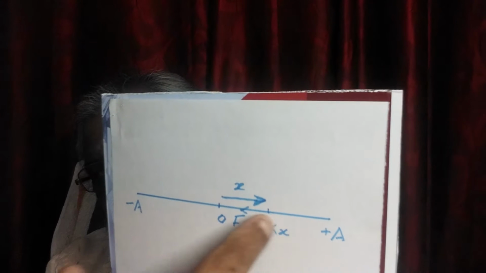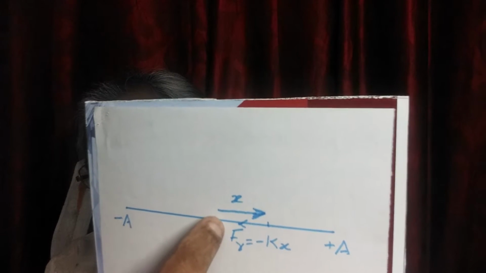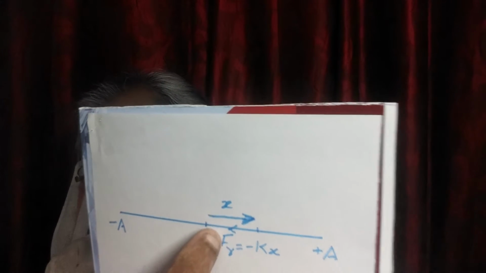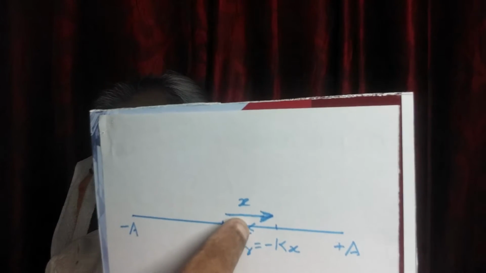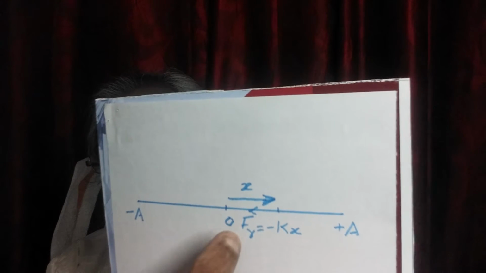If the system comes back and remains at rest at O, the spring is totally relaxed and the restoring force will vanish. But as the load approaches O, its speed is increasing and it becomes a maximum at O.